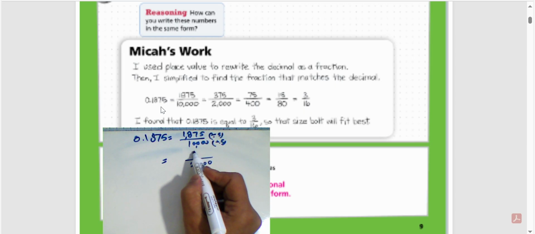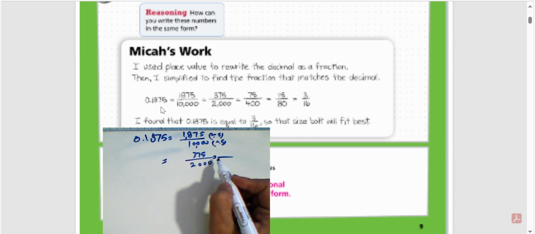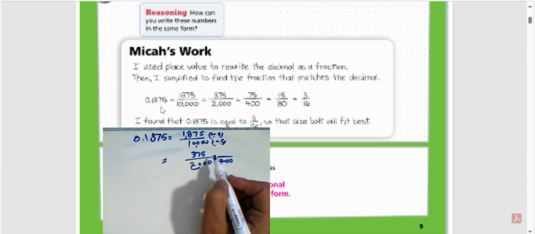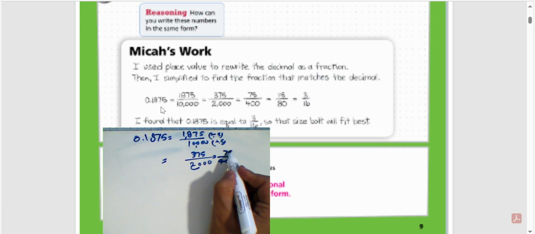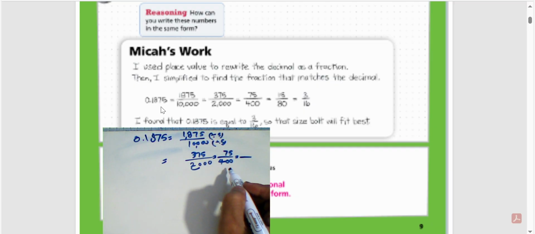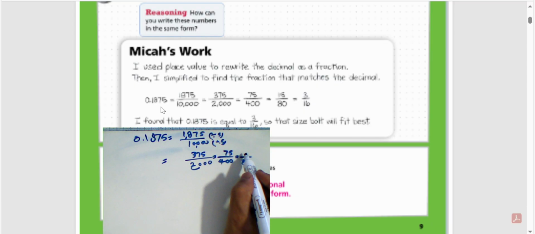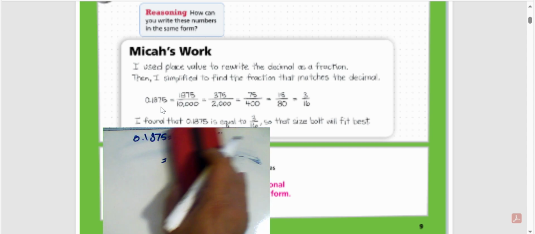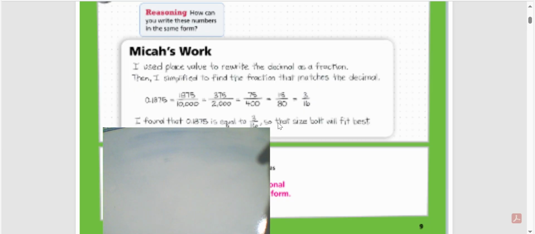The result will be 375, and then also divided by 5. 20 divided by 5 is 4, and then write 0. 375 divided by 5 equals 75, and then we can also divide it by 5, 80, and 75 divided by 5 equals 15. We can divide it by 5 equals 3, and 80 divided by 5 equals 16. You can simplify the fraction here.